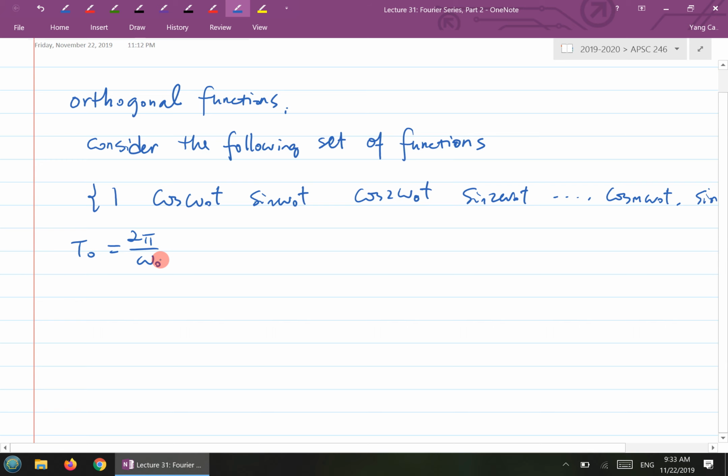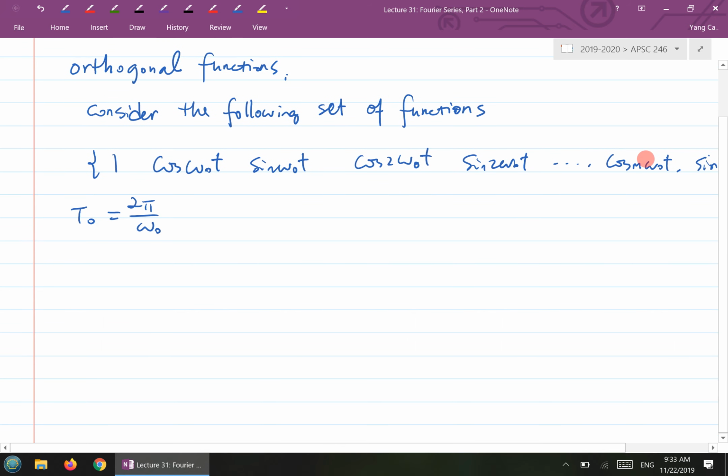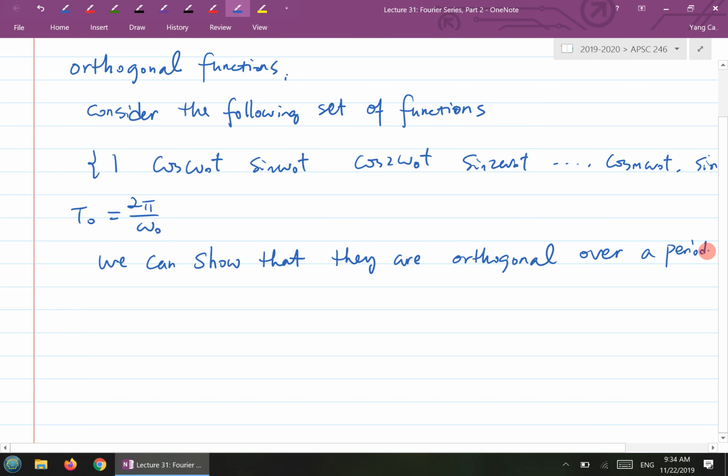And we can show the following properties, okay? We can show that they're orthogonal over a period T naught.